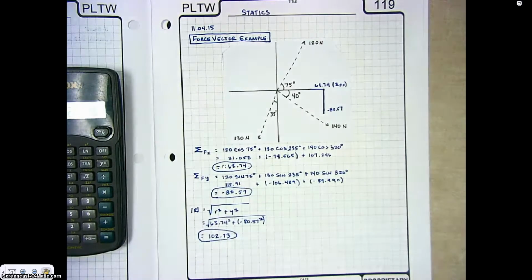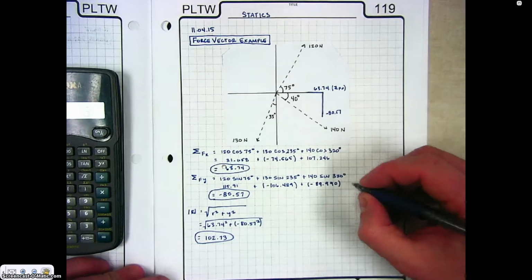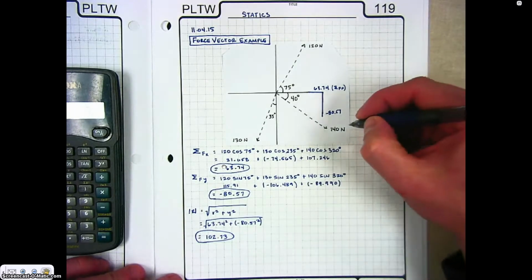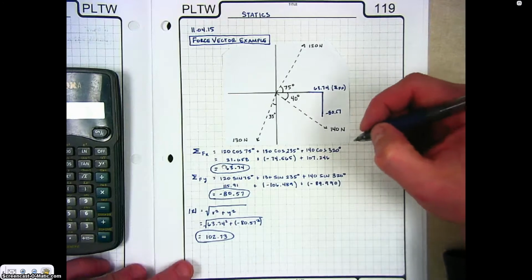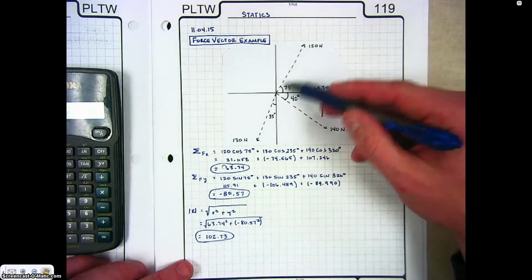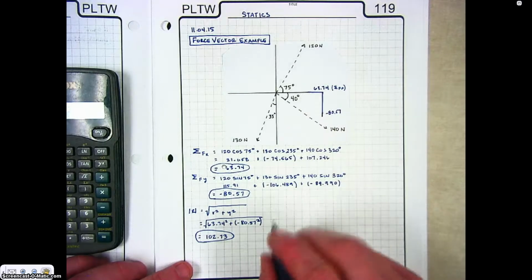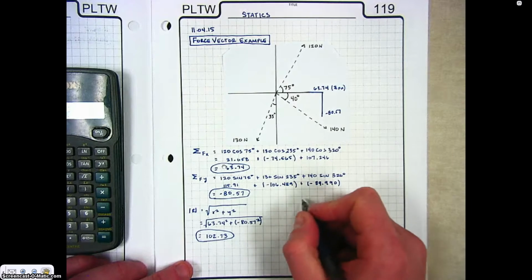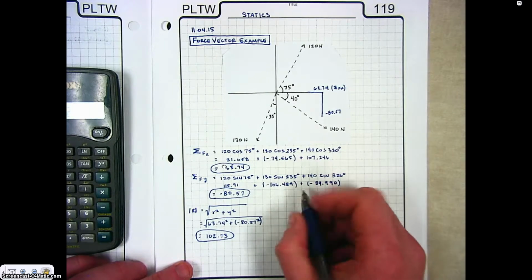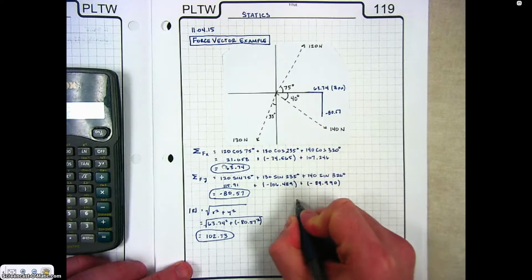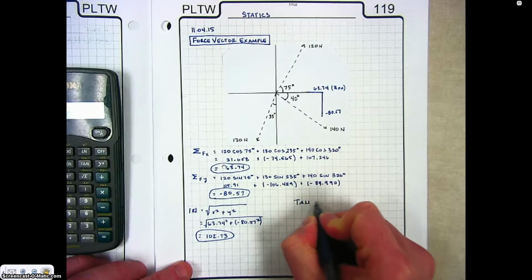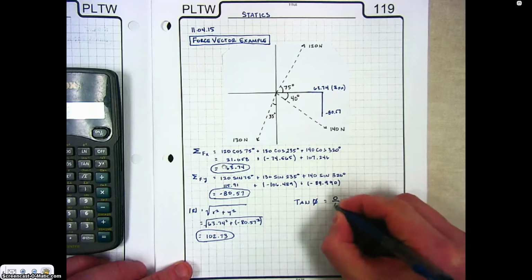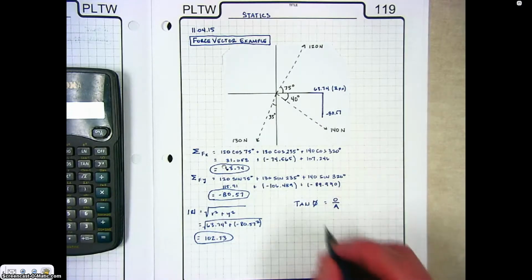Once you have that number, we can then use all of our information to calculate the resultant angle of the vectors. To calculate the angle, we're going to use the tangent function, which is the opposite over the adjacent.